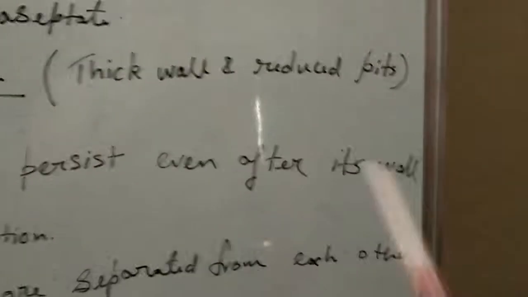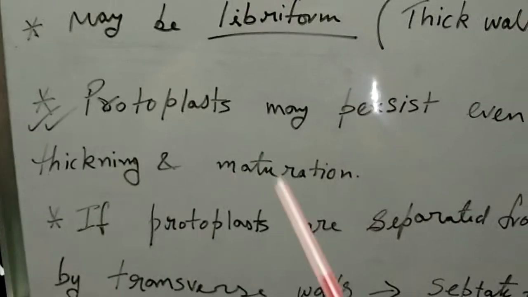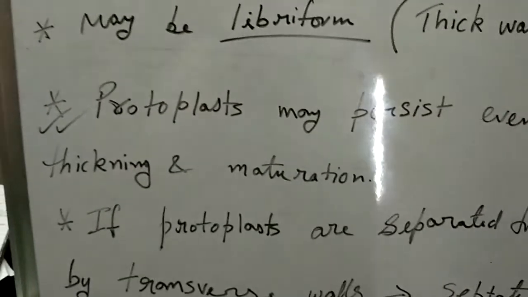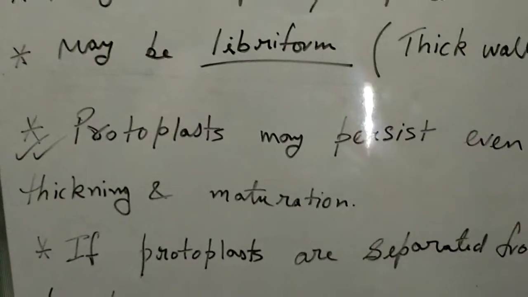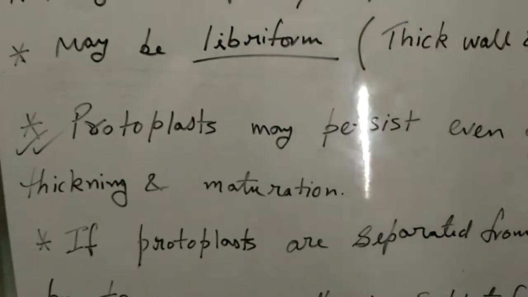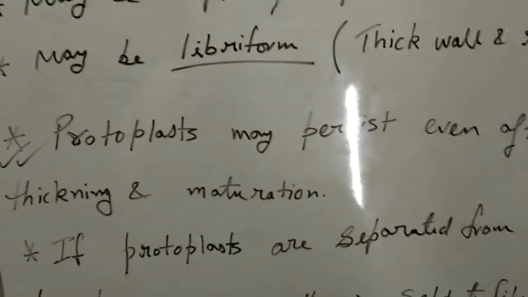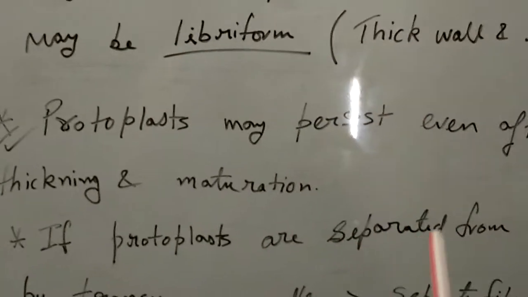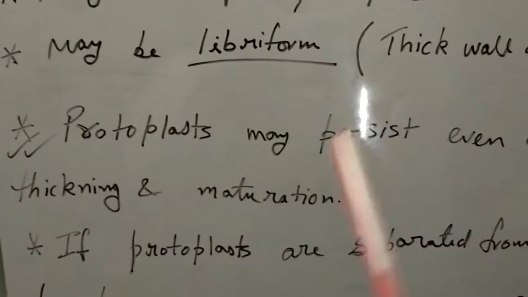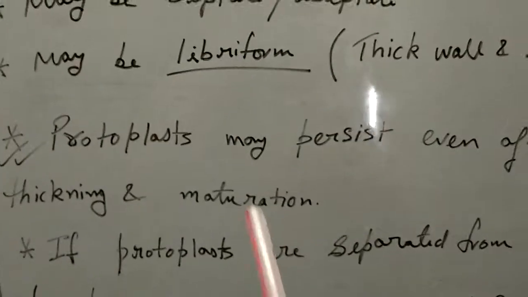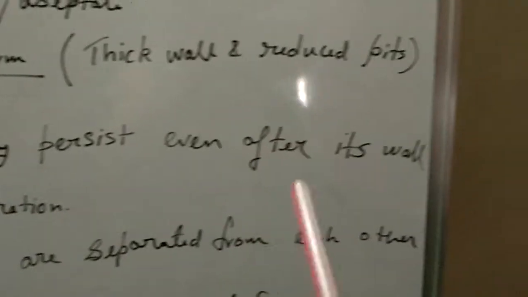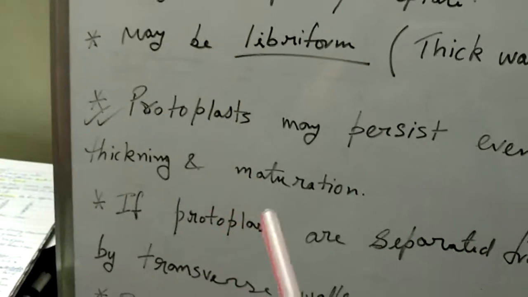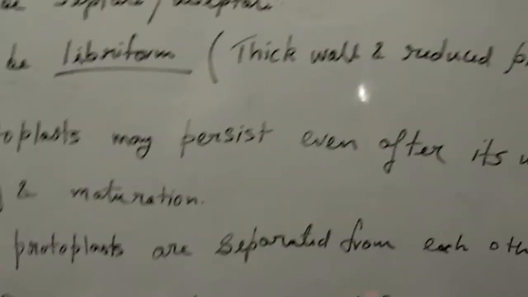Protoplast may persist even after its wall thickening and maturation. As you have seen in case of tracheids, the cells are dead because there was no protoplast, and the walls are thick. But in case of fibers, protoplast may persist, not very common, but it may persist. And if protoplast is present, then the cells are living even after having wall thickening and maturation.